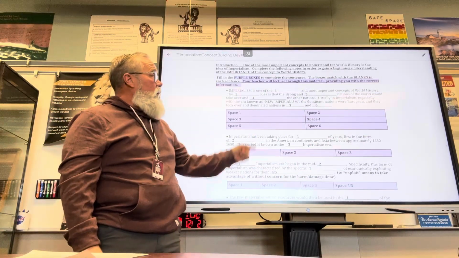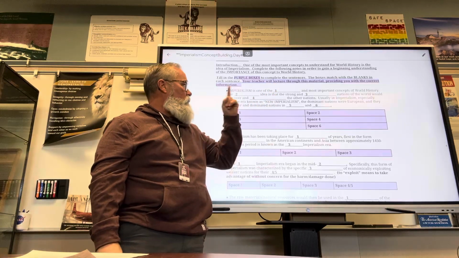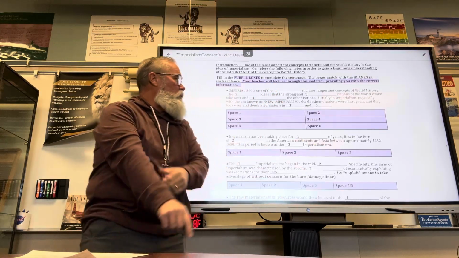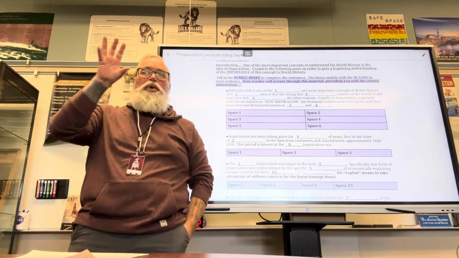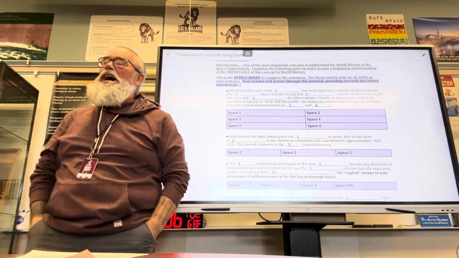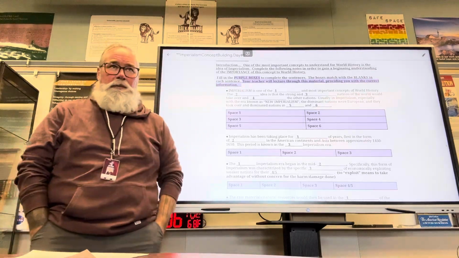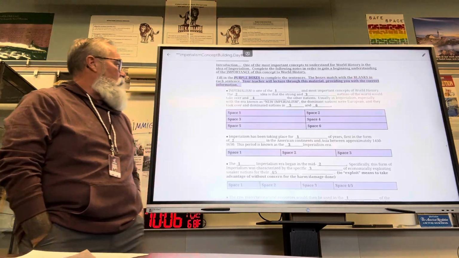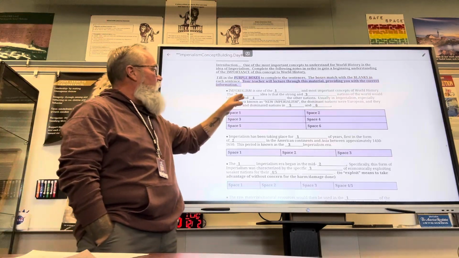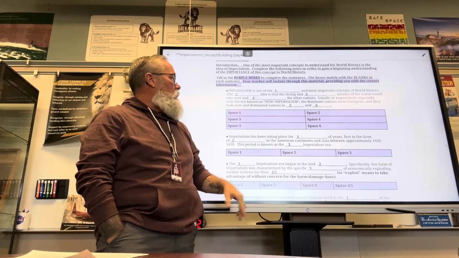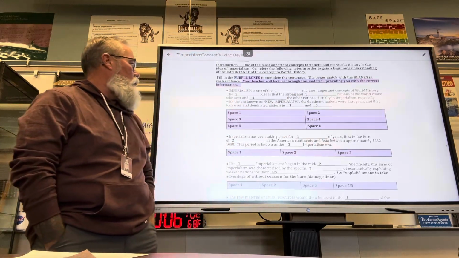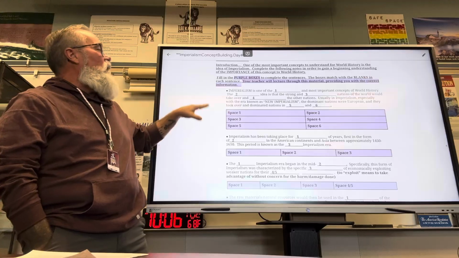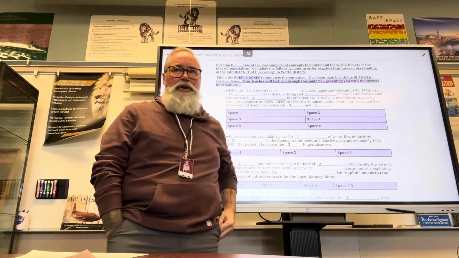Bullet point number 1, right here, guys. Imperialism is one of the biggest and most important concepts of world history. Next sentence.